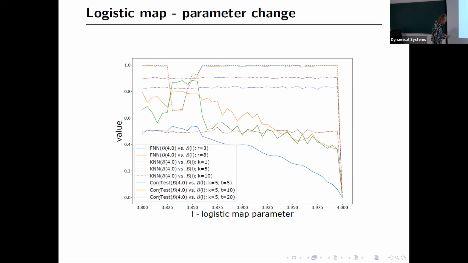If we choose the parameter t of the conjugacy to be higher, so we iterate our time series much more, then we can see that we very quickly get this very steep shape of the plot.